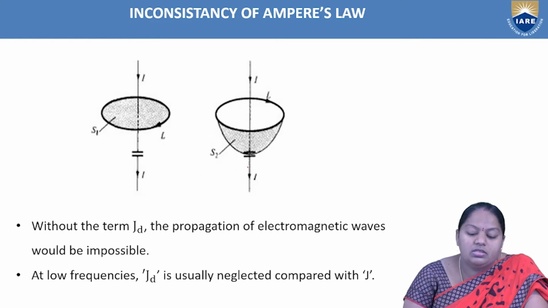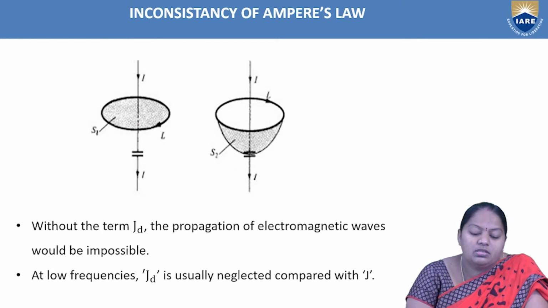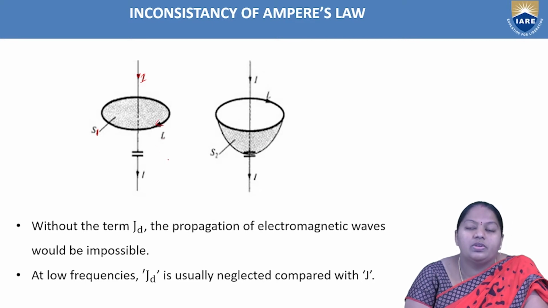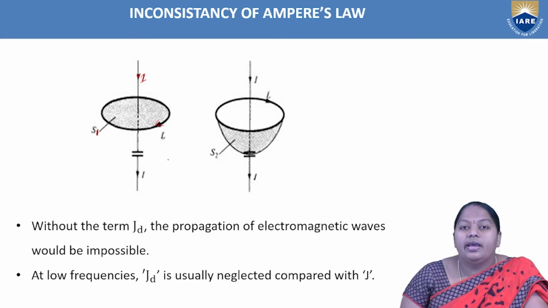Right? So firstly, consider the two images. In the first image, the total planar surface area is represented with S1 and the current flowing through it is represented with I, and similarly throughout this Amperean path. Why? Because we are analyzing Ampere's law, hence the surface is represented as Amperean surface or path.